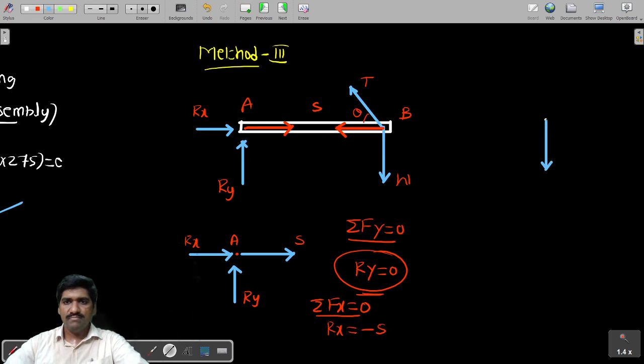One tension, this one is S. Tension T. This one is W we have. And this makes some angle theta. What you will do is very simple: apply Lami's theorem.